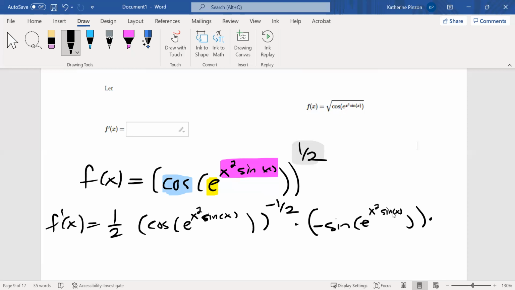I did the cosine, so I cover it up. Derivative of e to something is e to something. Times, I'm left with just that purple stuff, right? x squared sine x. How did I say I was going to take the derivative of x squared sine x? Product rule. So derivative of the first times the second plus first times the derivative of the second. So 2x sine x plus x squared cosine x.